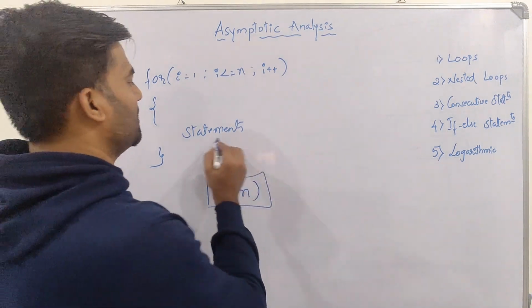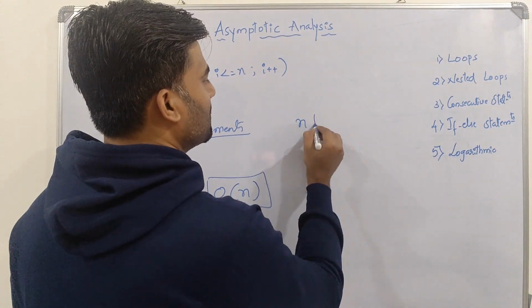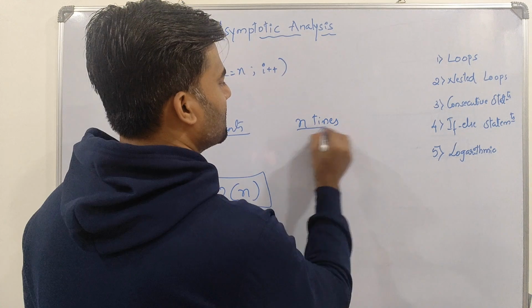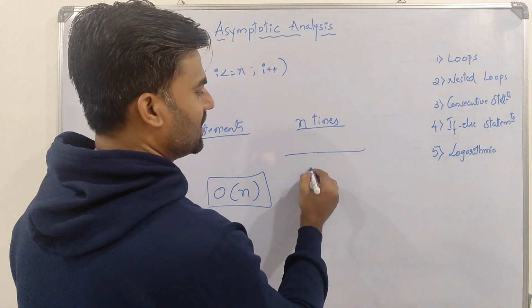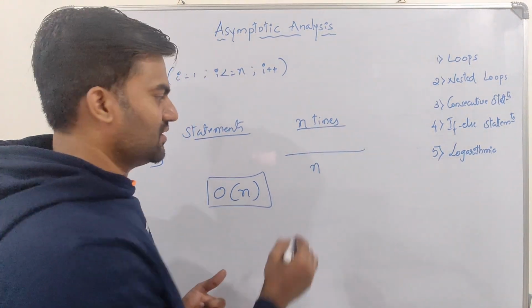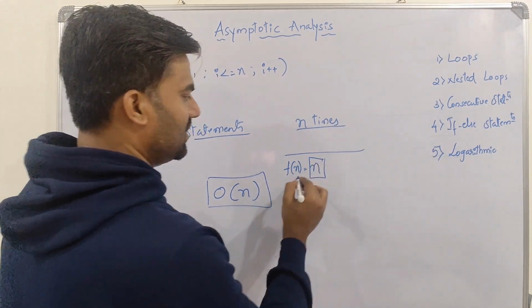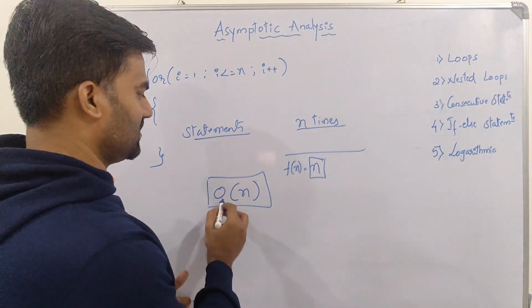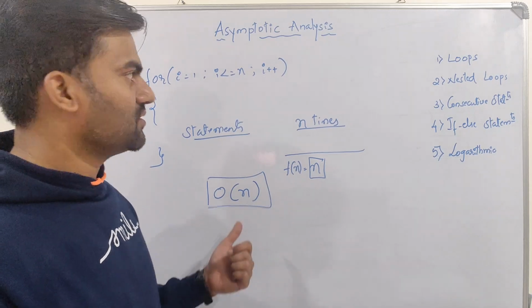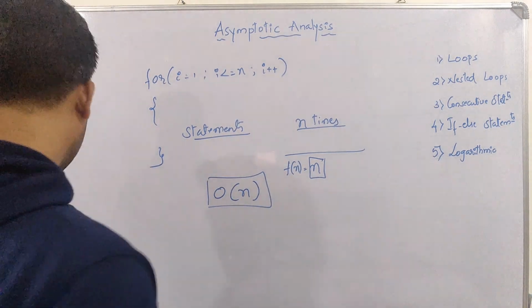This particular statement executes n times, so its total running time will be n. This will be our f of n. When we write it in Big O notation, this is nothing but order of n. So this is for normal for loops.